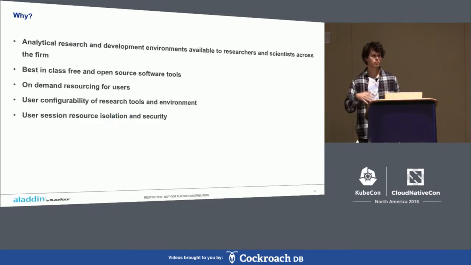Right, so let's begin with why. Why did we want to use Kubernetes for our data science platform? We're all at KubeCon, so we've attended a lot of the sessions, and there are many reasons to use Kubernetes for data science. But here are some of the reasons that we use Kubernetes. We wanted a highly available tool set for our researchers, analysts, and scientists to use.